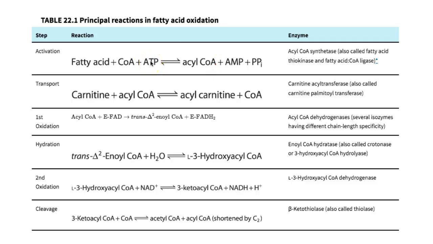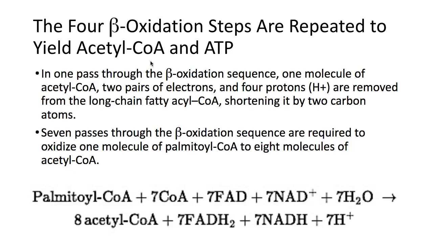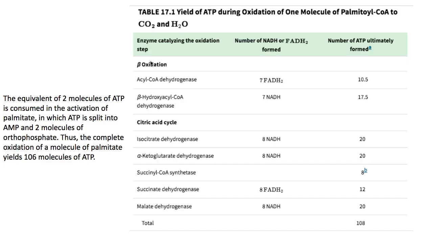So two molecules of ATP are consumed. Thus, the complete oxidation of a molecule of palmitate yields 106 molecules of ATP, not 108.